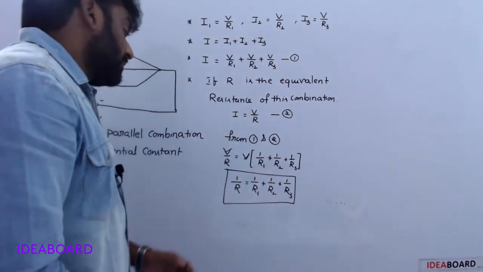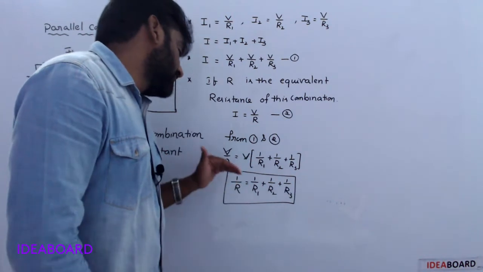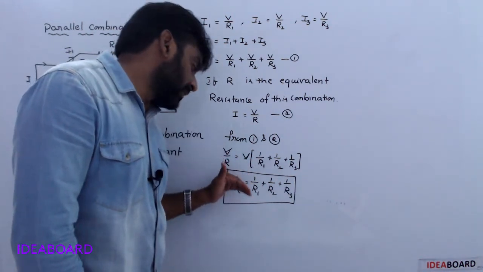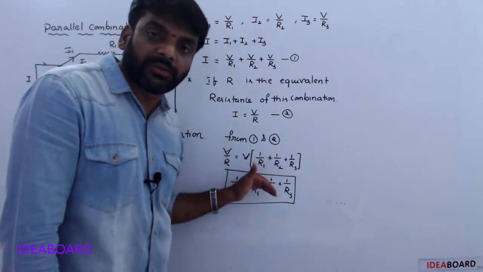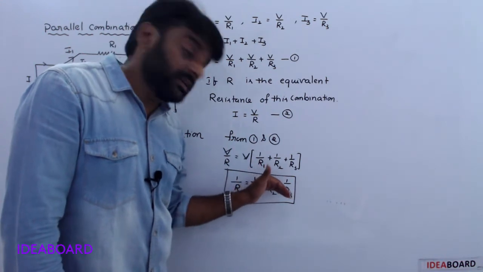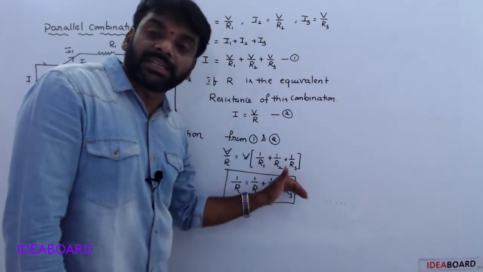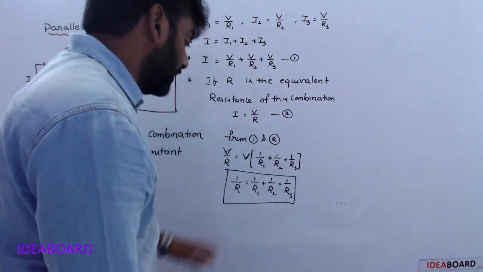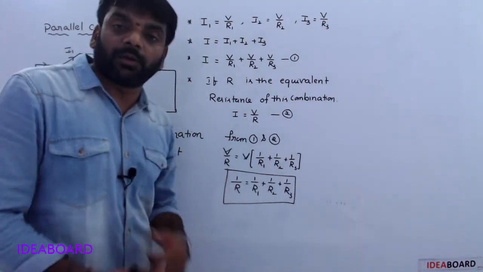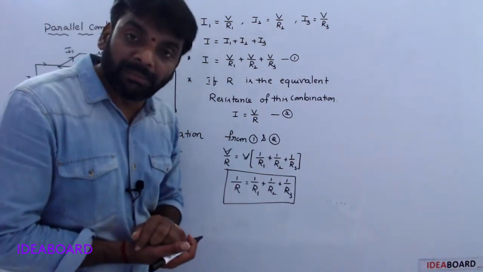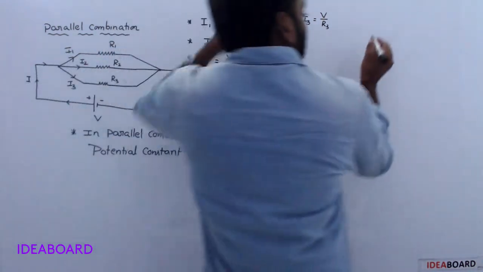So the reciprocal of effective resistance is equal to the reciprocal of the first resistance plus the reciprocal of the second plus the reciprocal of the third. This holds for any number of resistors.